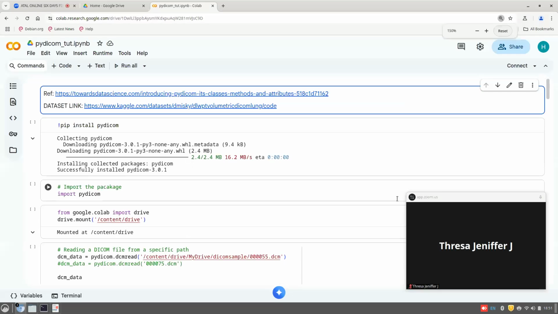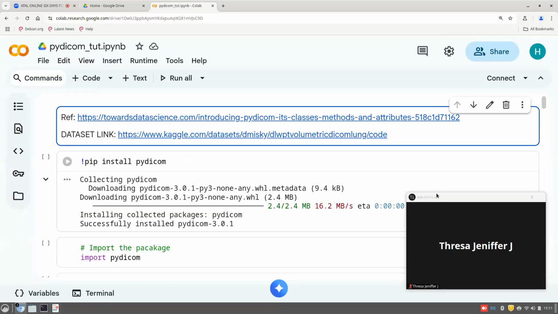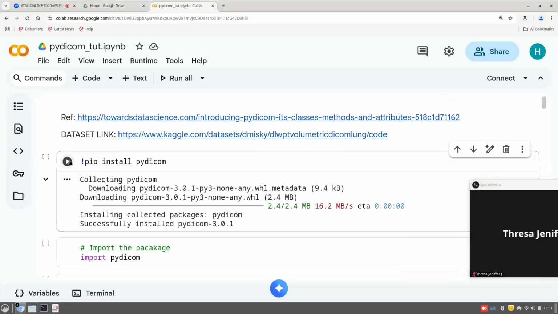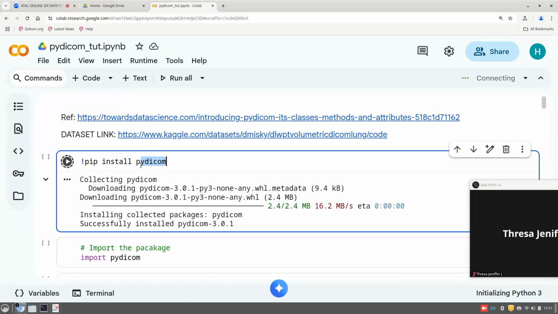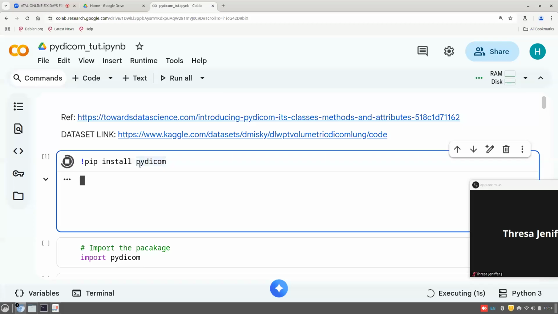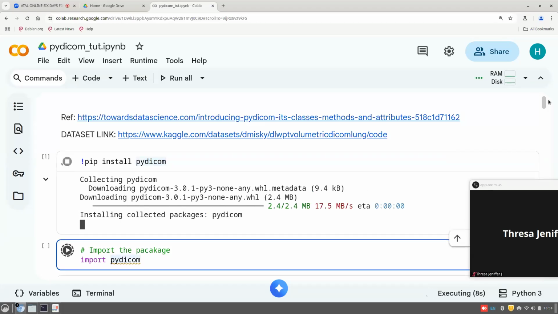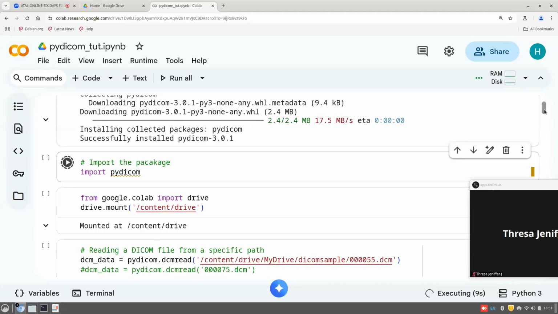So hope my screen is visible. To access the DICOM standard images, you usually have to use a Python library called PyDICOM, which you can install by pip install pydicom, and then you have to import this PyDICOM library in your Python program to really use it.